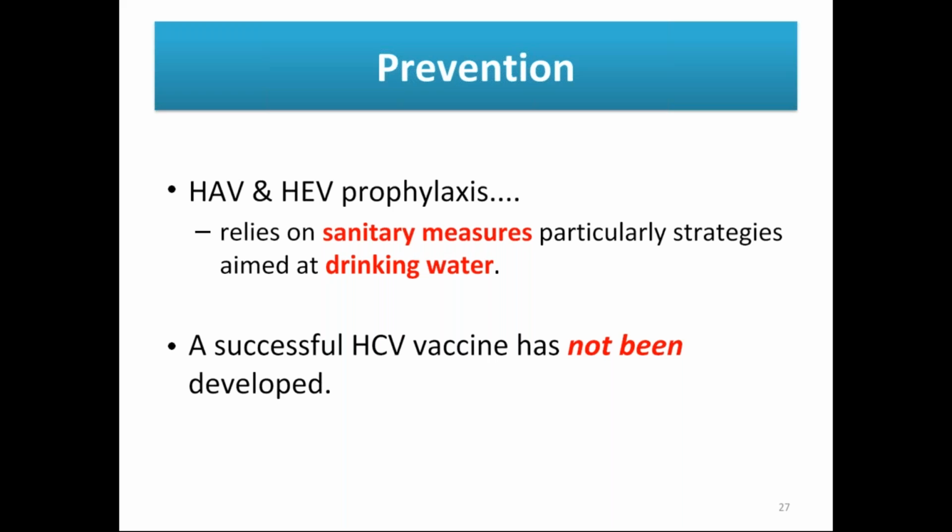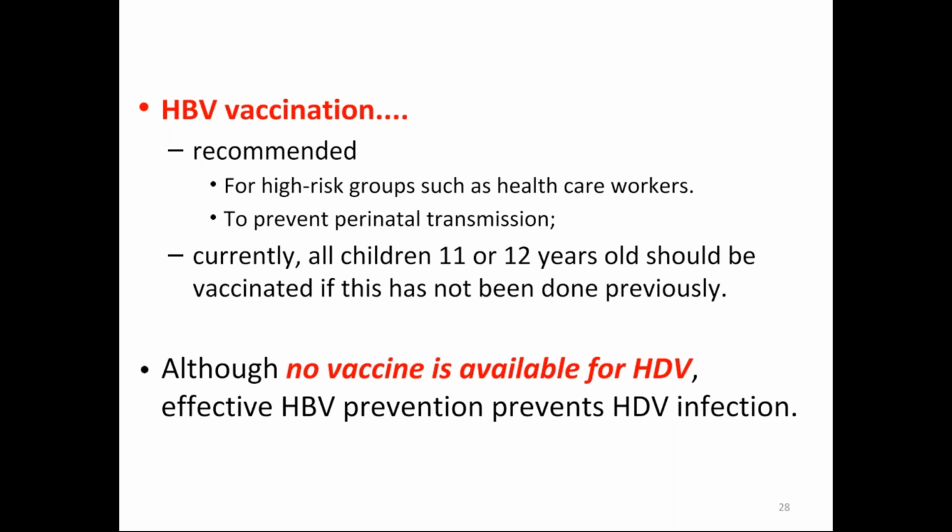So there are high chances of failure in the hepatitis C vaccines which have been produced so far. And hepatitis B vaccination: those who are not vaccinated at birth should get vaccinated if they are in a high-risk group, that is healthcare professionals. So that is one point you should remember.